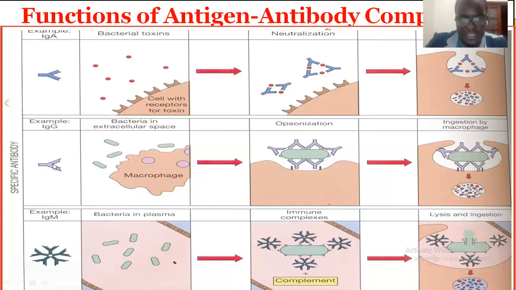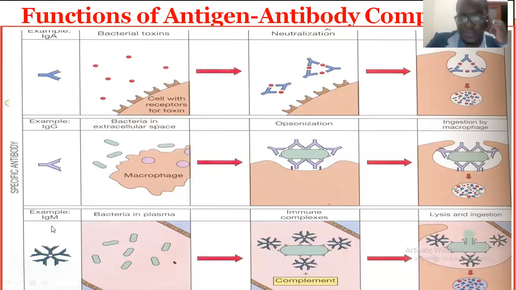This IgG can go and bind to the bacteria. So you can see there is opsonization taking place. The IgG is bound to the bacteria at different sites. Then the IgG can also bind to the macrophage. That will result in internalization of the bacteria by the macrophage, and then it will be destroyed after opsonization.